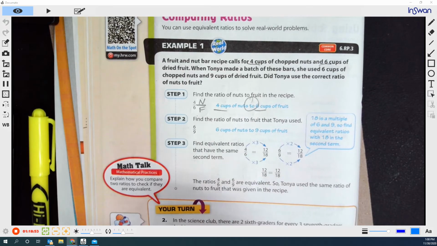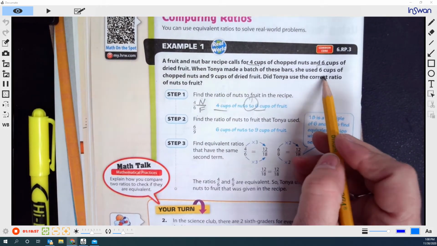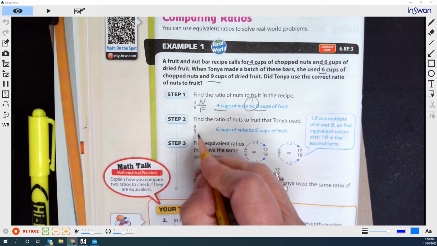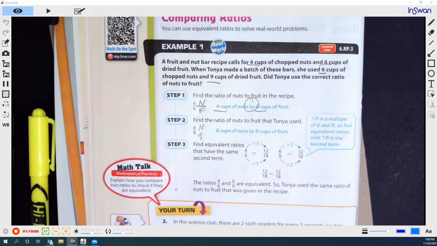If we look at the second person, Tanya, hers is 6 cups of nuts to 9 cups of fruit. Now, both of these can be simplified.